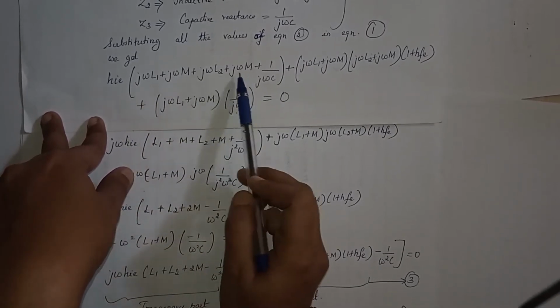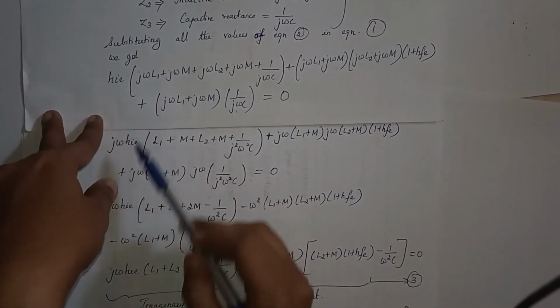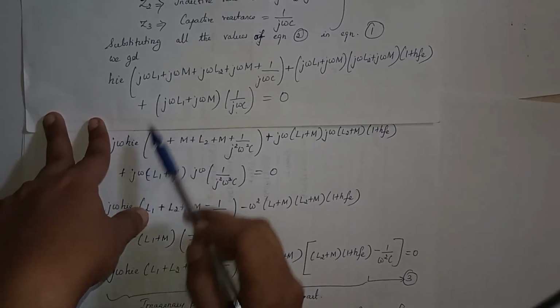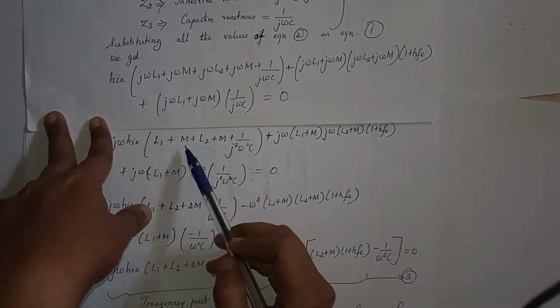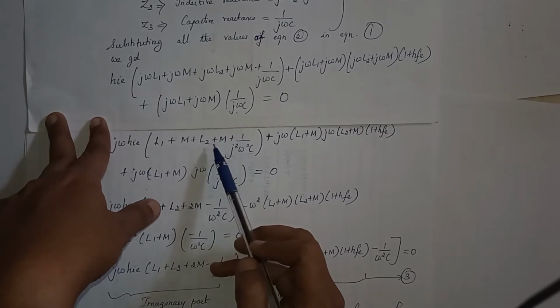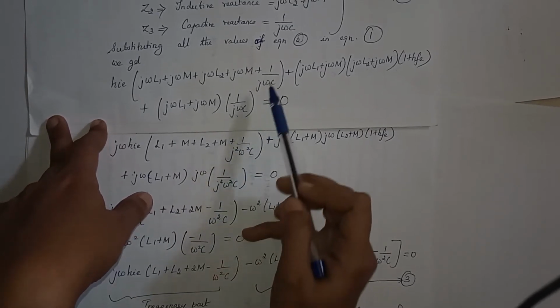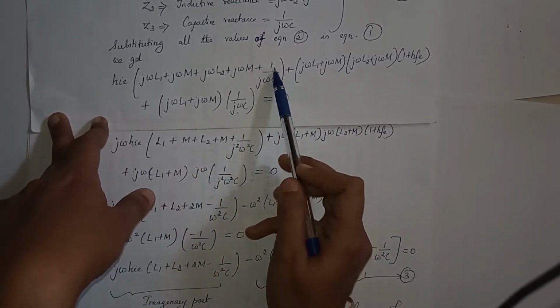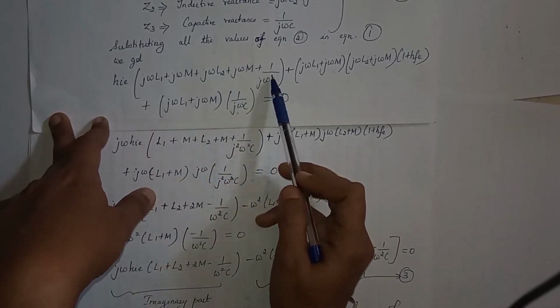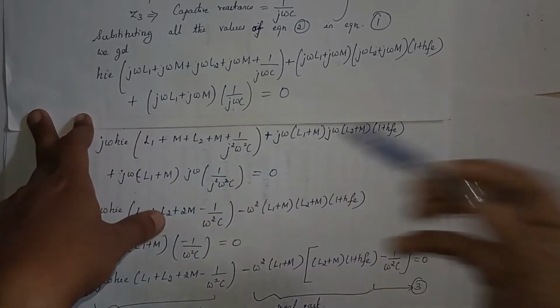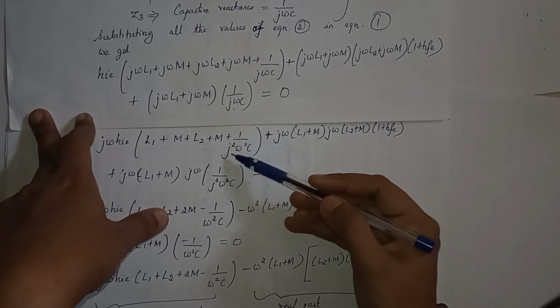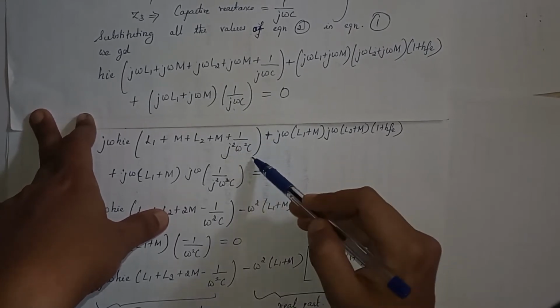In this first term, if we take j omega outside, I'll be getting j omega HIE into L1 plus M plus L2 plus M, plus, if I take j omega outside from the numerator, then I have to divide the denominator by j omega. Therefore, I'll be getting 1 by j squared omega squared C.